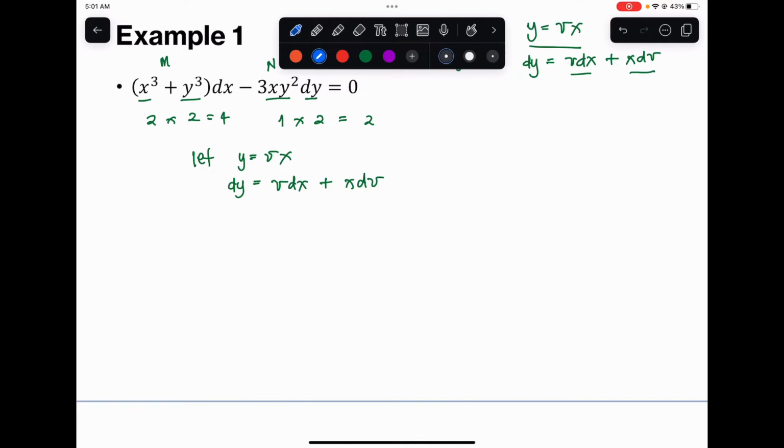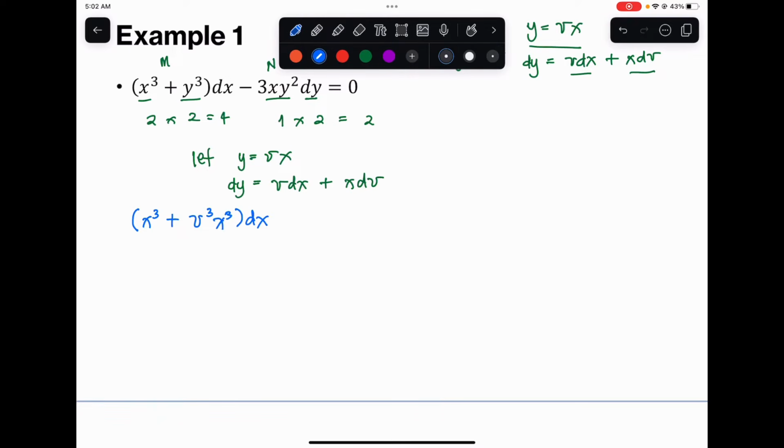So for x, it will just be x cubed. Then plus, for y, y is vx, so vx raised to 3 is v cubed x cubed, multiplied with dx.